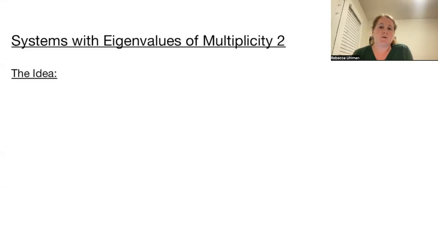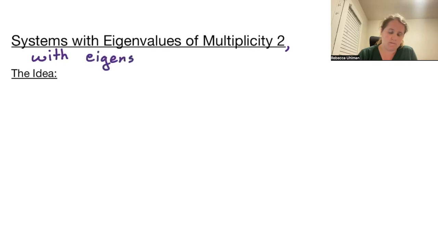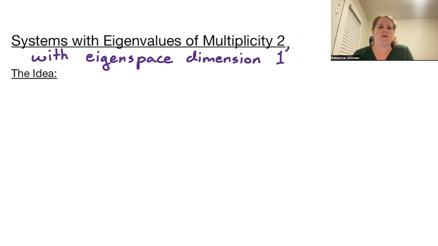to systems with eigenvalues of multiplicity 2, and specifically with eigenspace dimension 1. General idea here.